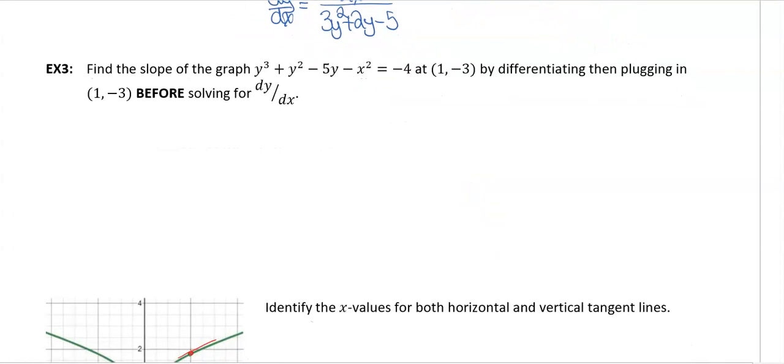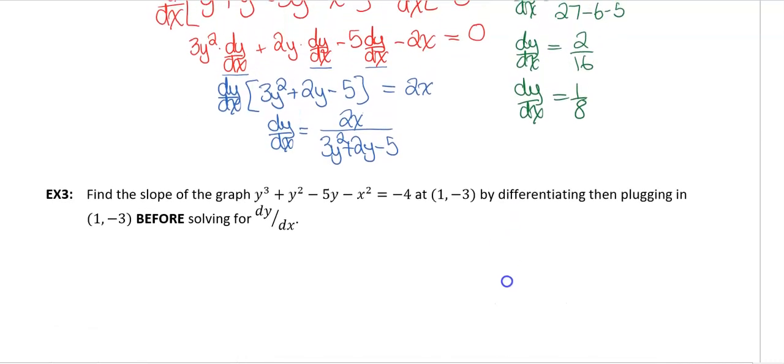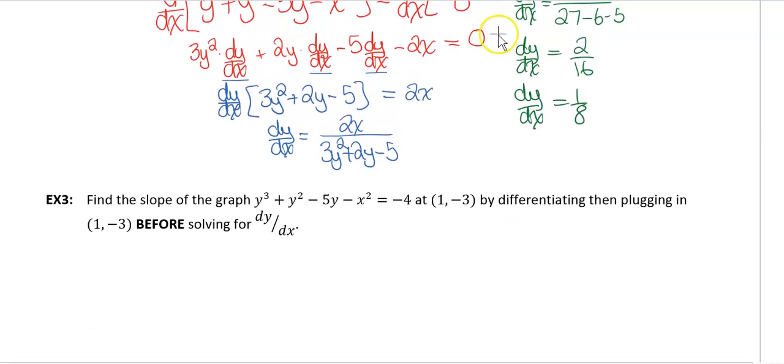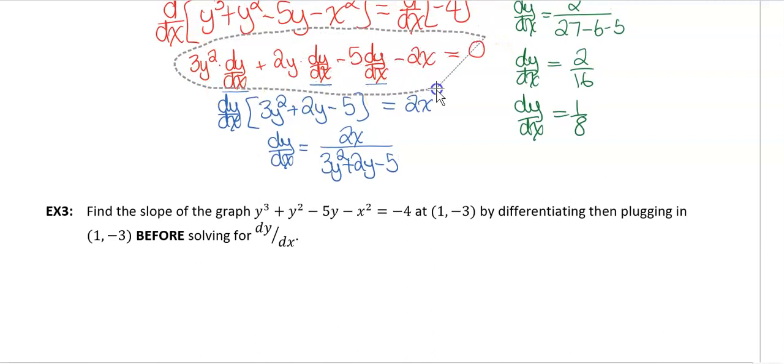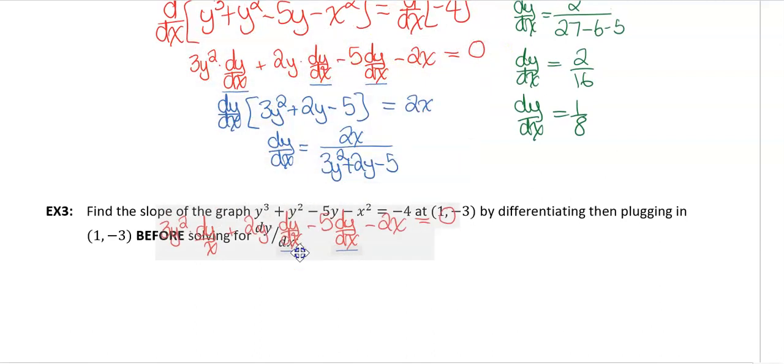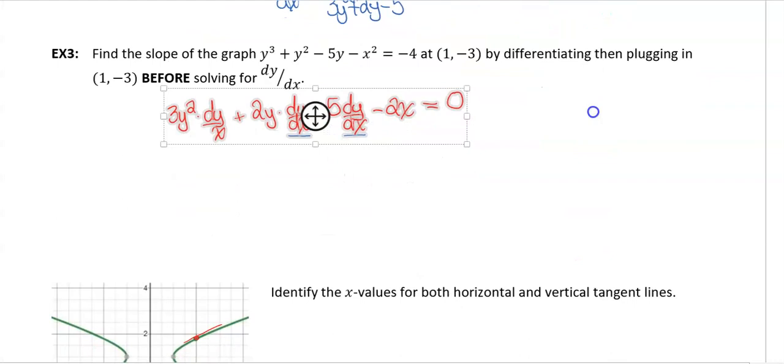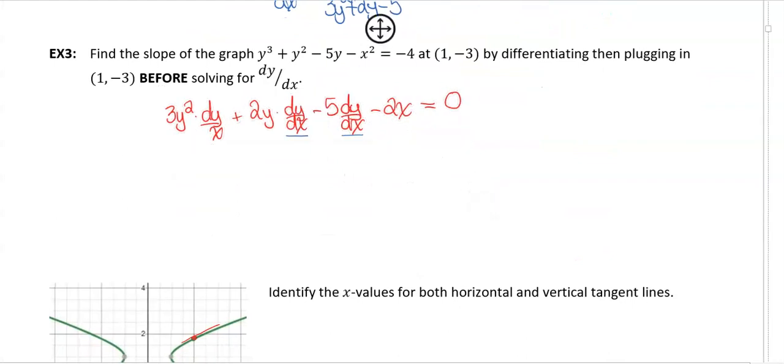Alright, example 3. Find the slope of the graph. Same one at the same point, but what we're asking you to do is differentiate first, then plug in (1, -3) before solving for dy/dx. So we have done the first part.